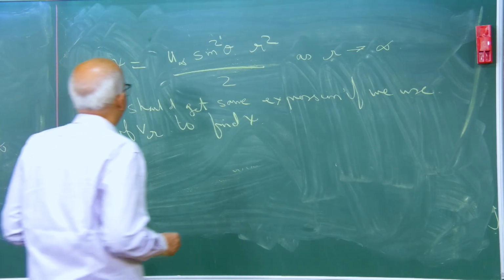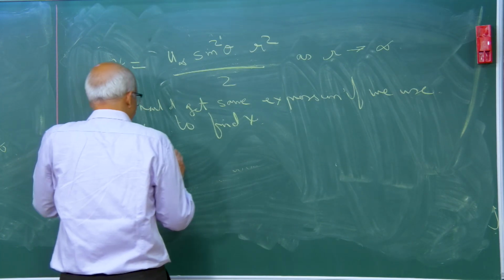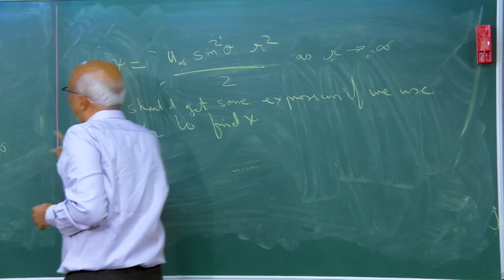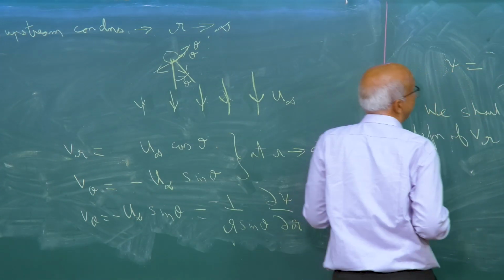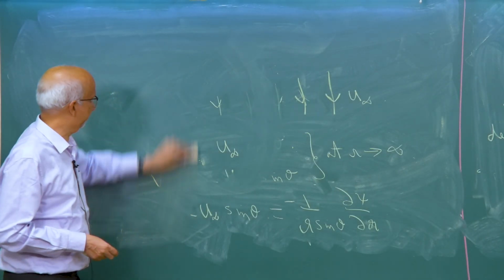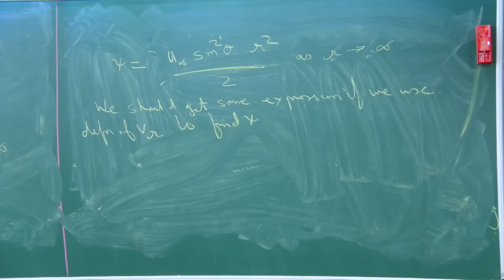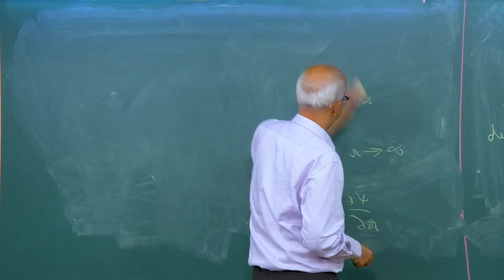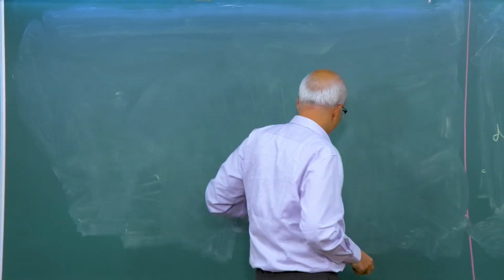Boundary conditions are clear. So how do you solve? This is a partial differential equation, and there is only one thing we know how to do when you have a partial differential equation with two variables, which is use something like separation of variables.